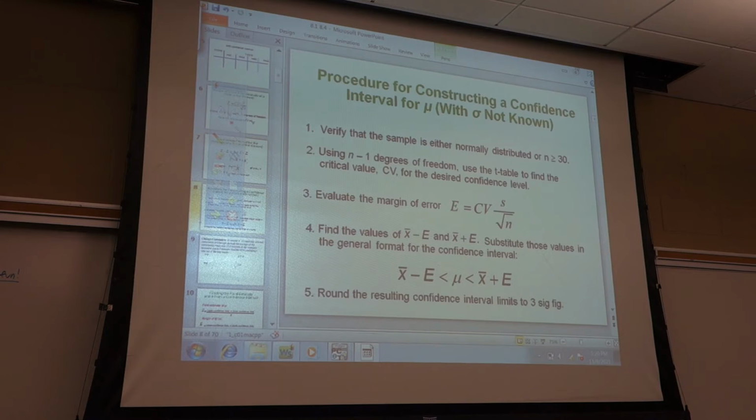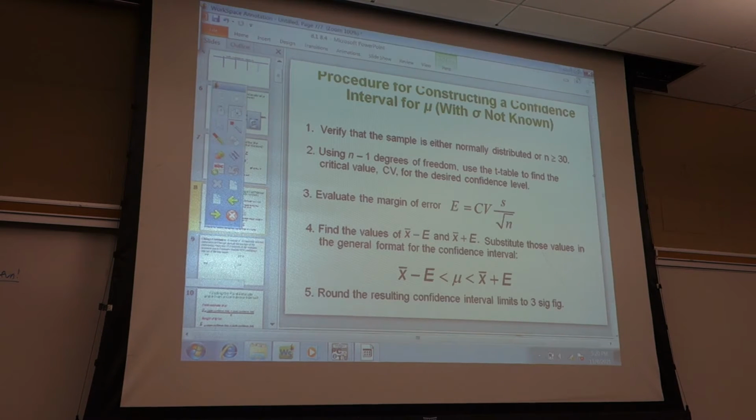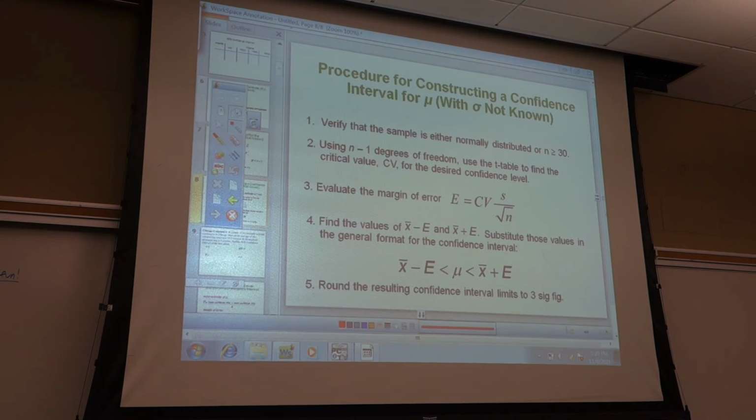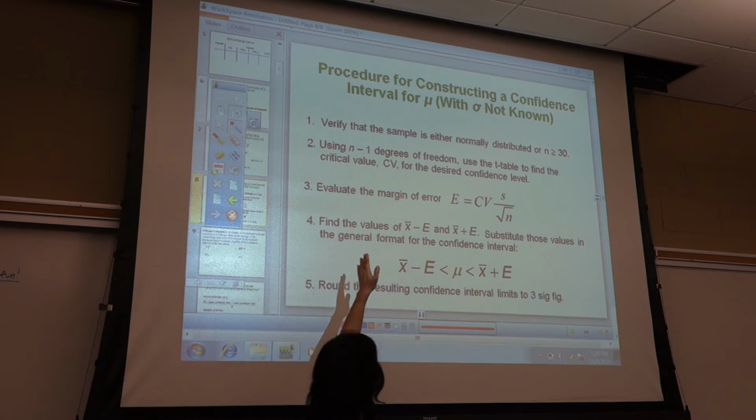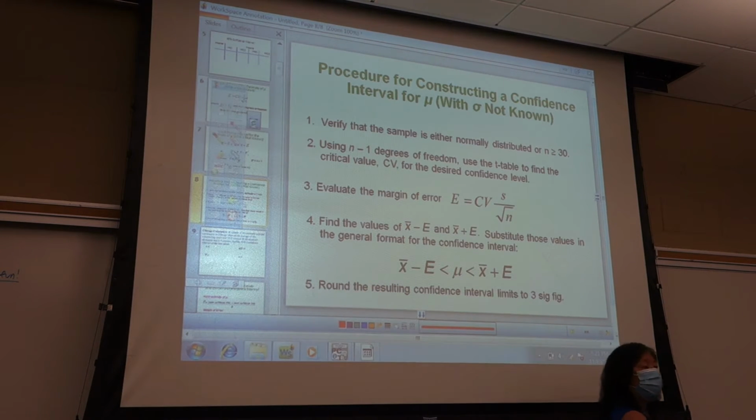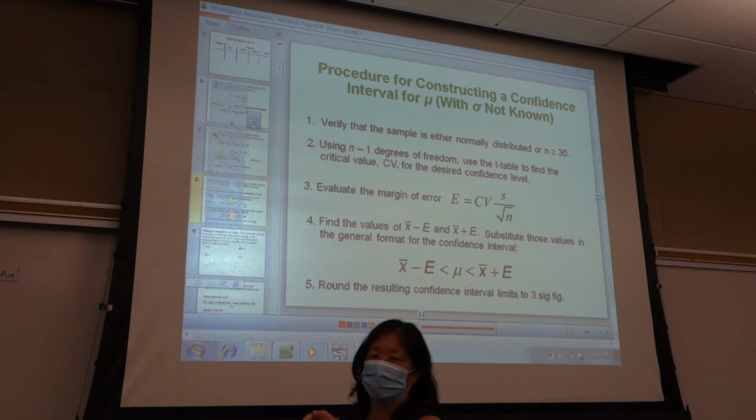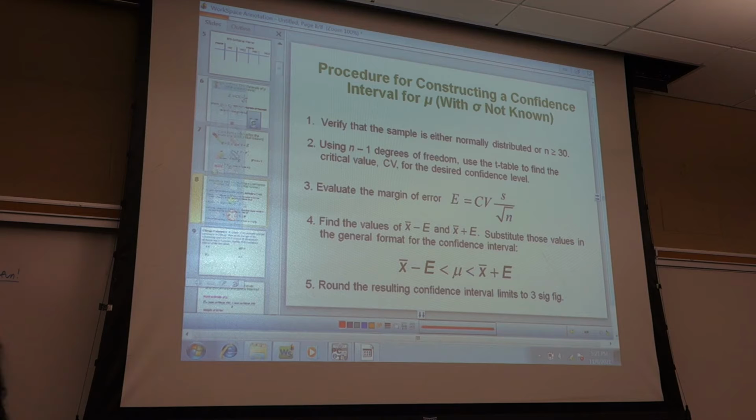All right. So again, do your steps. First, make sure your sample is either normally distributed or n is at least 30. I'm always going to give you what's normally distributed when n is less than 30, because otherwise it's not very interesting. And then, using n minus 1 degrees of freedom, find your critical value. All the critical values in this class, I'm going to have you look up on a table, whether it's a z-table, a t-table, or later on a chi-square table.